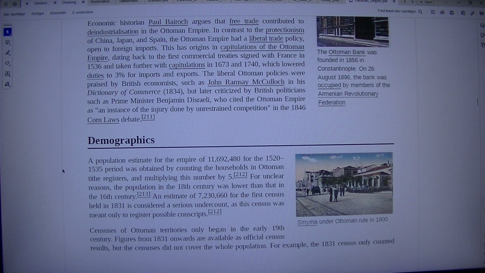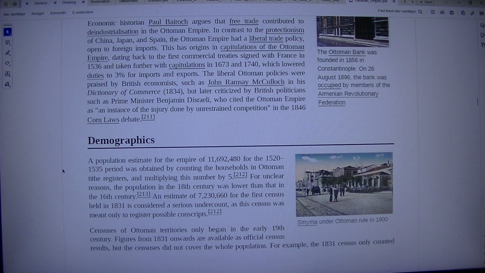An estimate of 7,230,660 for the first census held in 1831 is considered a serious undercount, as this census was meant only to register possible conscripts. Censuses of Ottoman territories only began in the early 19th century.